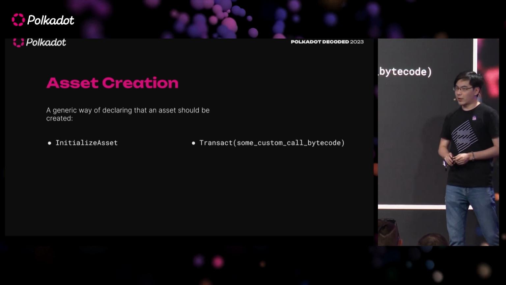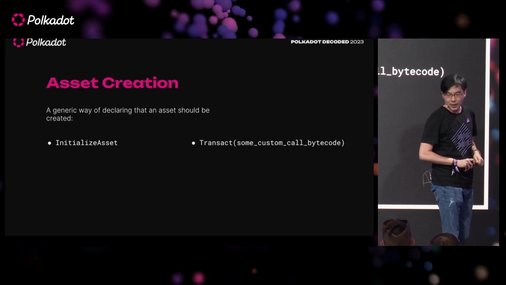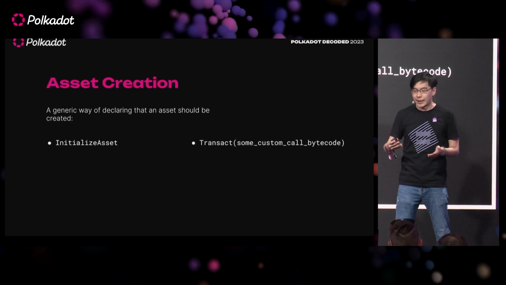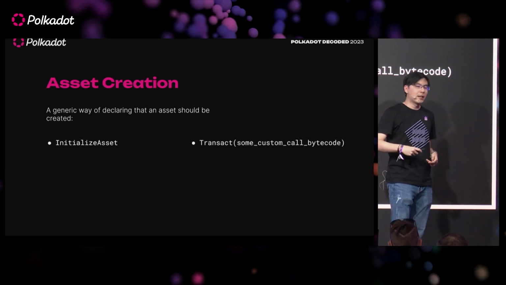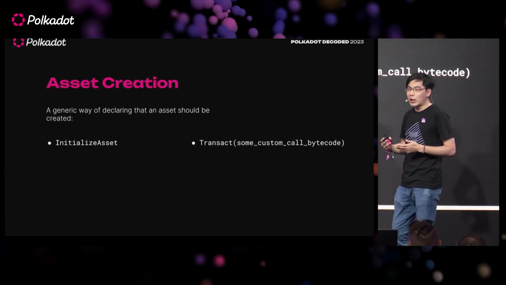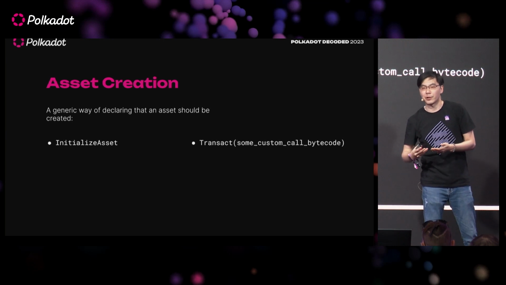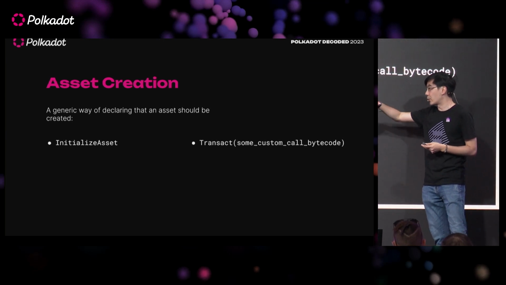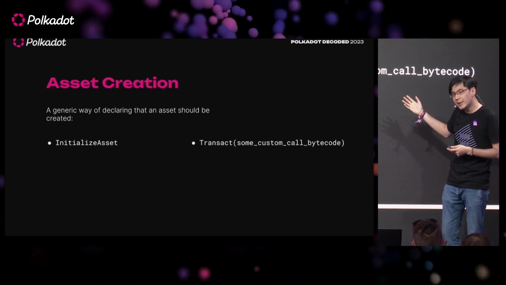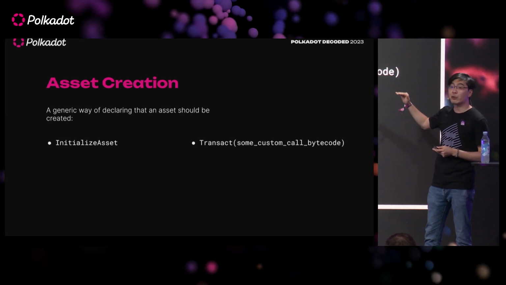The next proposed change that we have as Parity is asset creation. This is simply a generic way of declaring that an asset should be created. That's probably a misnomer. It's more like a generic way of declaring that an asset should be initialized, rather. So the instruction we have right now is called initialize asset. This replaces the ad hoc way that we have right now by using transact.